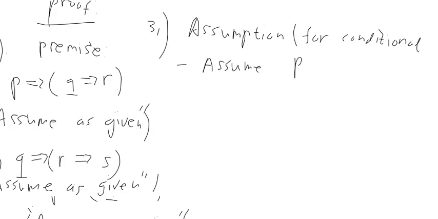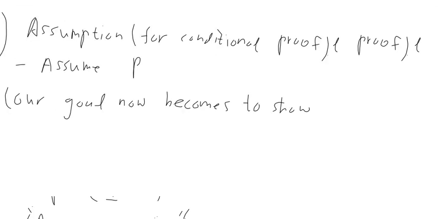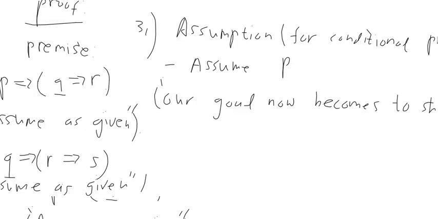Assume P. Our goal now is to show that it follows. Here's going to be our justification. Our goal now becomes to show the following. I guess you can say this is some sort of justification because I'm showing why I'm going from step to step. There has to be a logical link for each thing. Otherwise, if there's no logical link, we're in trouble.